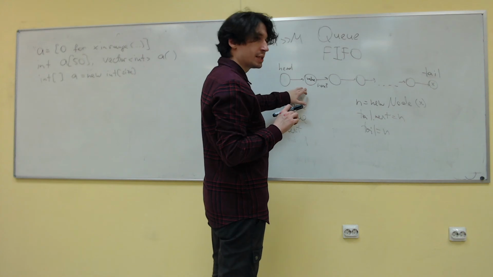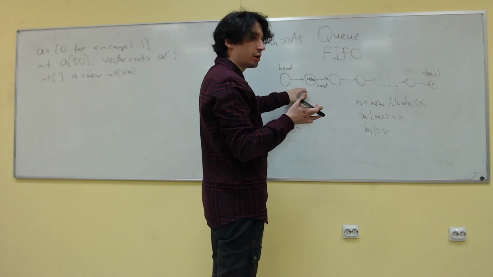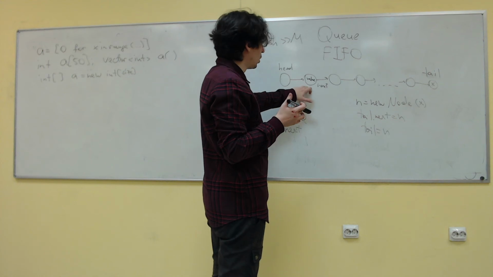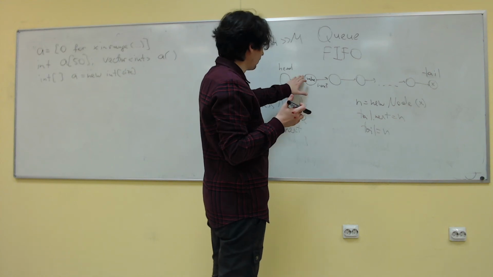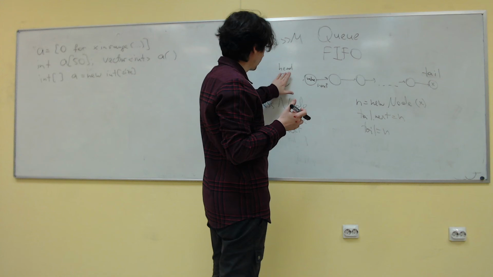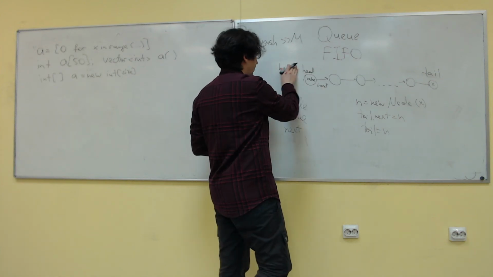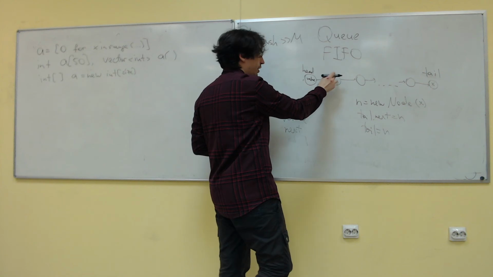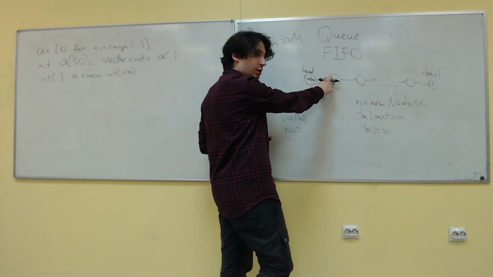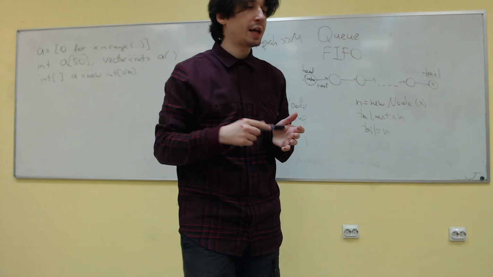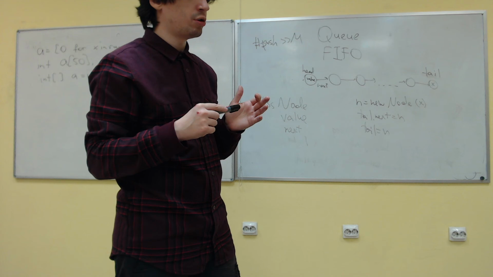If the next is null, then your queue is empty, and if it is not null, we just remove this and set head here, but the value is stored in the next. So you just always store some head to be sure that everything will work out.